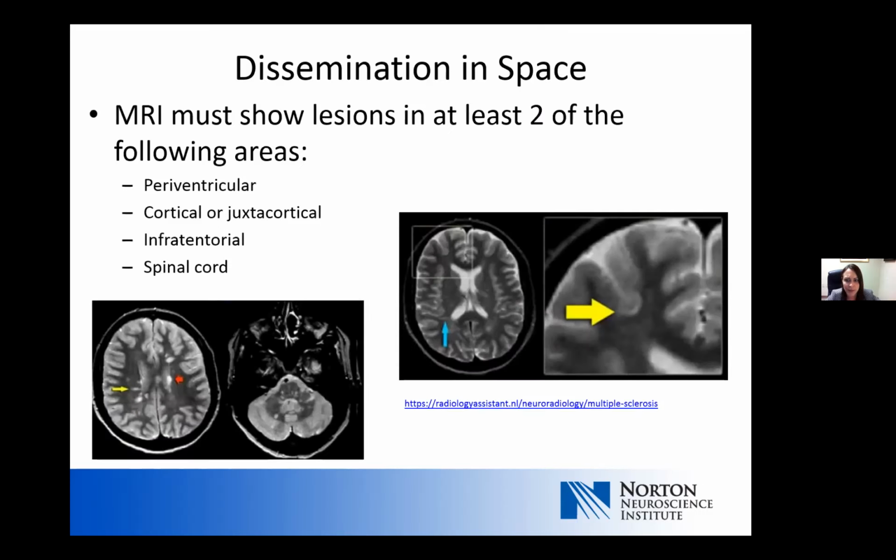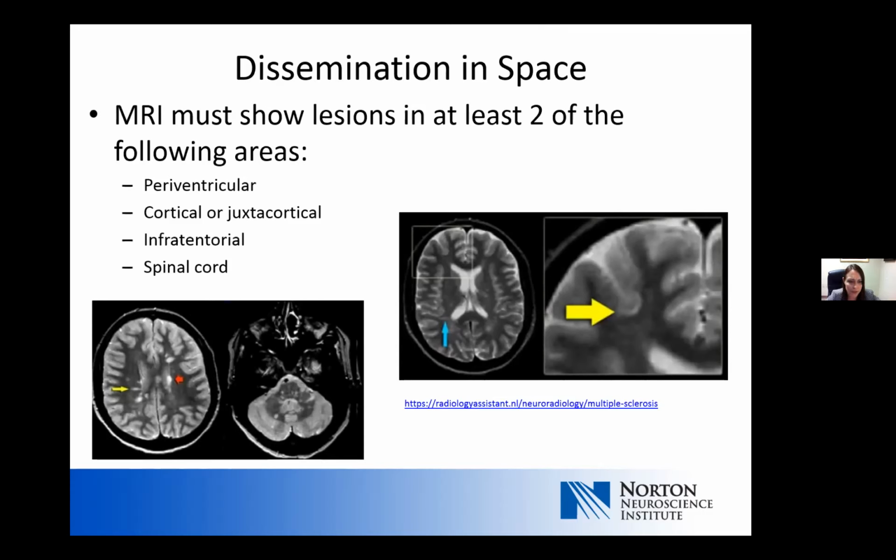The next one is dissemination in space. So the MRI has to show lesions in at least two of the following areas. So they have to be periventricular, cortical or juxtacortical, infratentorial, so in the brainstem and/or cerebellum, and in the spinal cord. And these images down here just kind of show some different areas that tend to be affected.